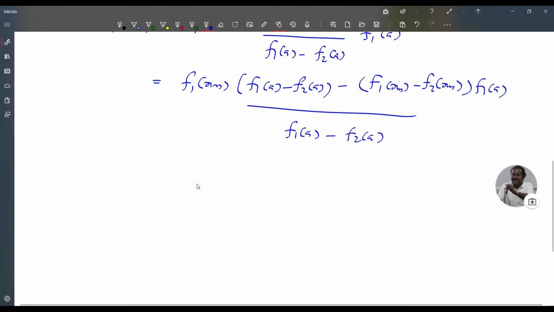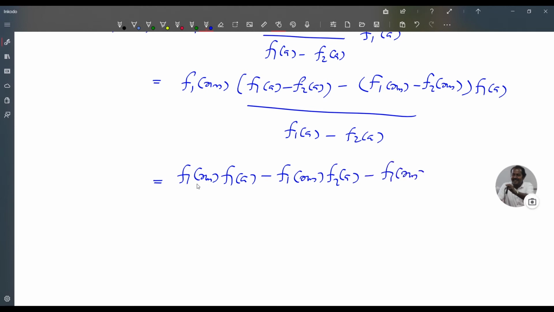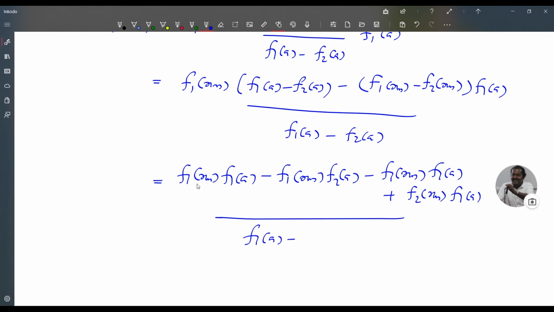So this is equal to f1 of xn into f1 of a minus f1 of xn into f2 of a minus f1 of xn into f1 of a plus f2 of xn into f1 of a, divided by f1 of a minus f2 of a.